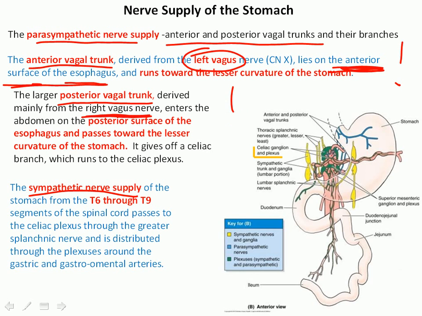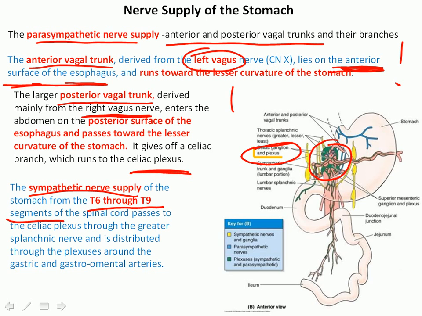It gives so-called celiac branches, which will join a huge ganglion, a fusion of cell bodies of nerves, which we call the celiac plexus.